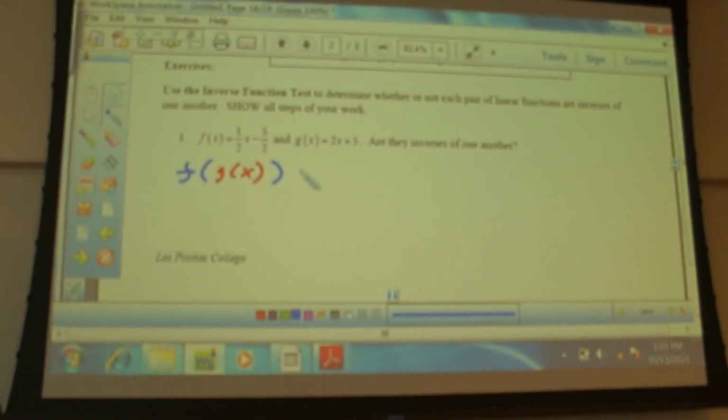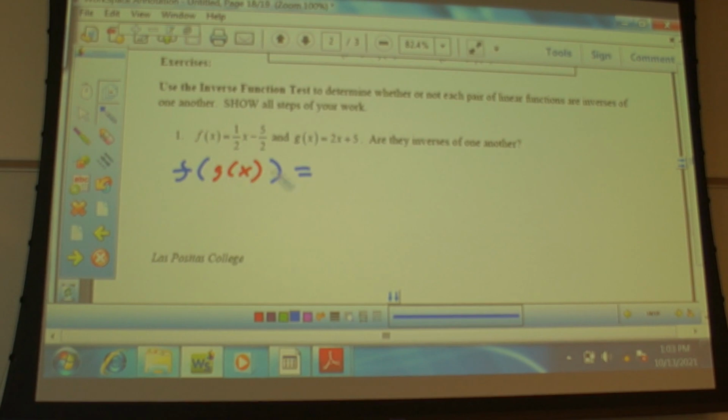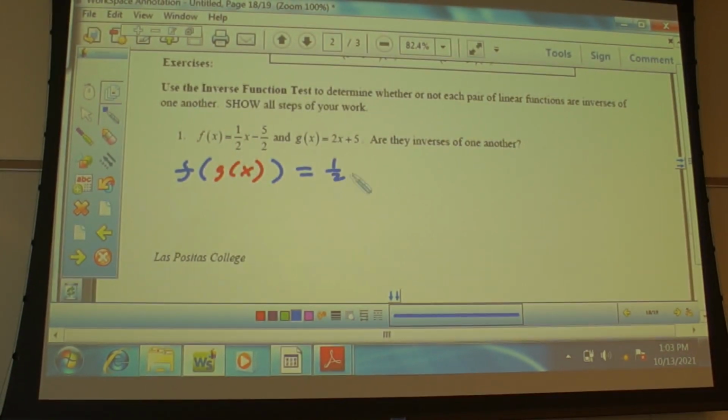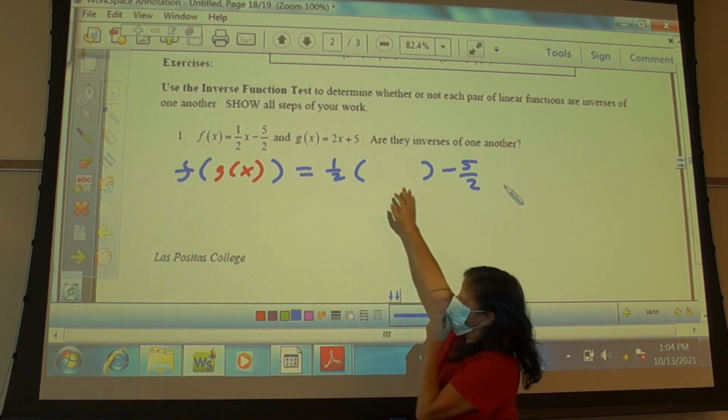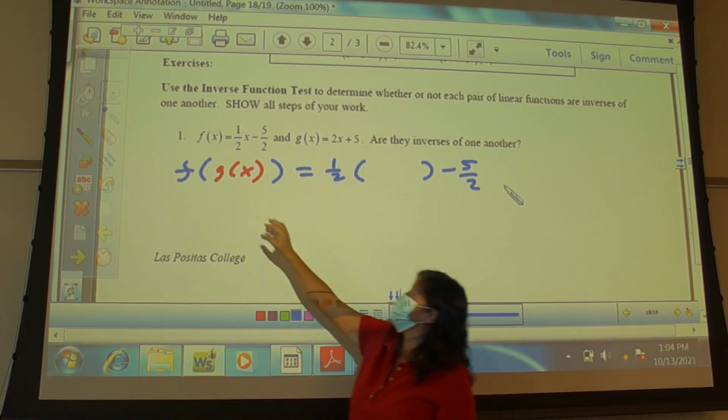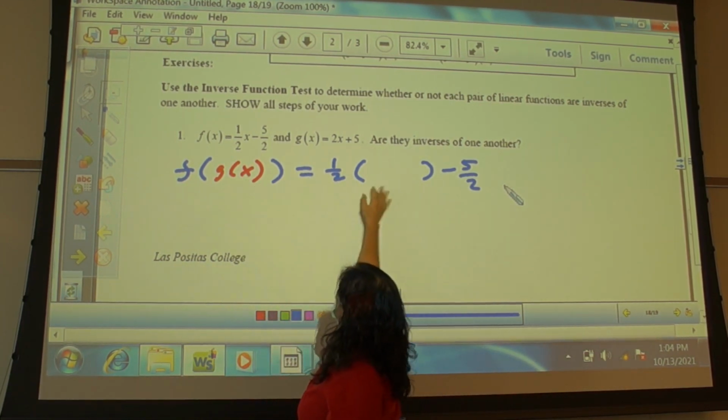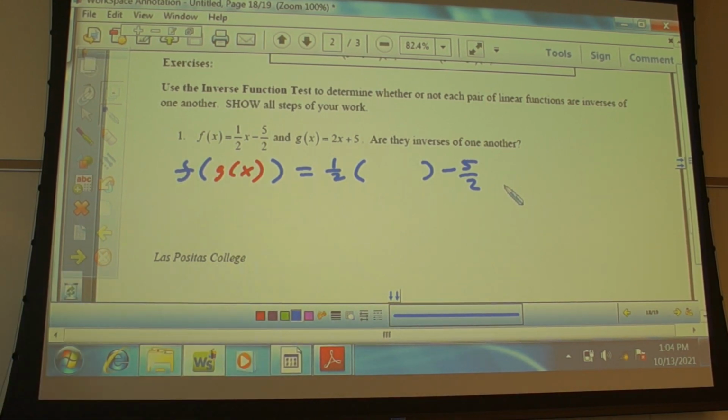Well, I need to write the rest of my f function, 1/2, giant parentheses, anytime you see an x, giant parentheses, minus 5/2. All I've done is rewrite the f function, only instead of x, I just put a big parentheses. Whatever goes inside of here goes there. So what's inside of here? g of x.